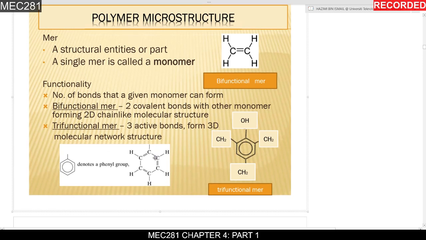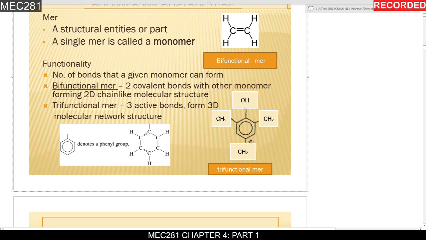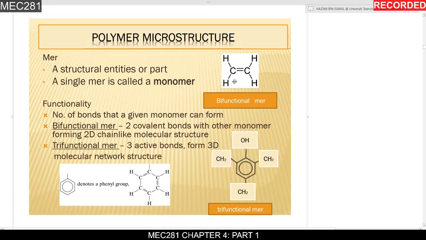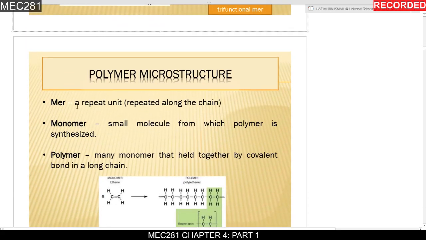Okay, so this is the trifunctional mer. 1, 2, 3. Okay, this is the bifunctional mer. Okay, what is mer? Mer is a repeat unit, repeated along the chain. Monomer, so mono here, is a small molecule from which a polymer is synthesized.